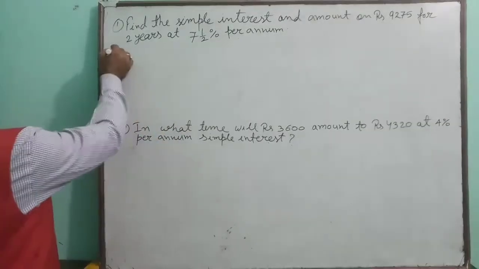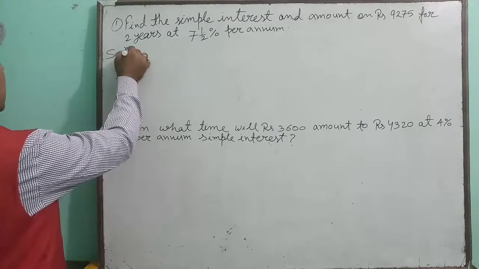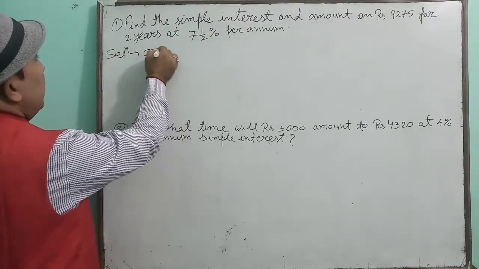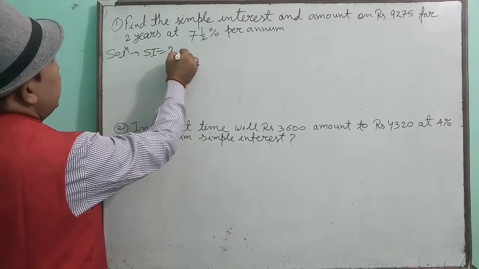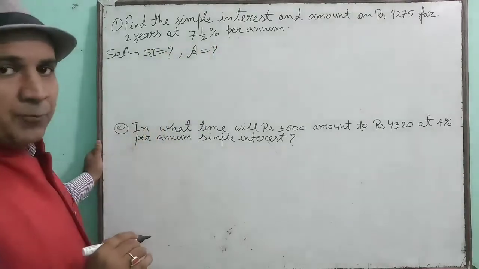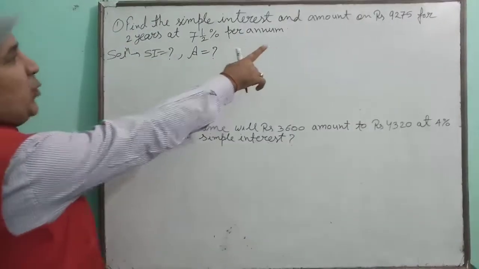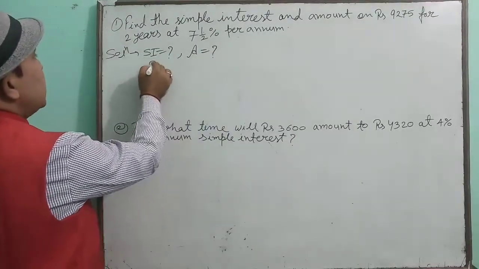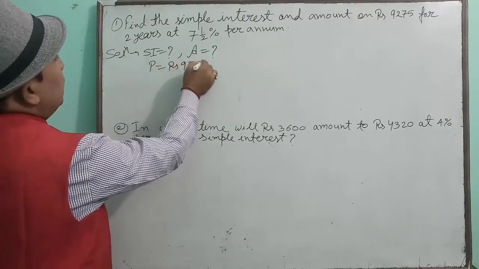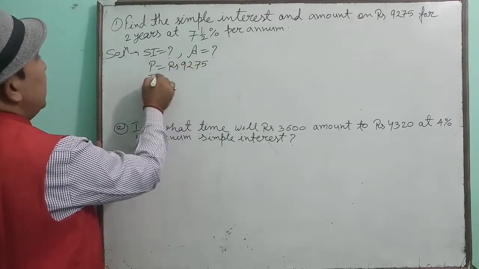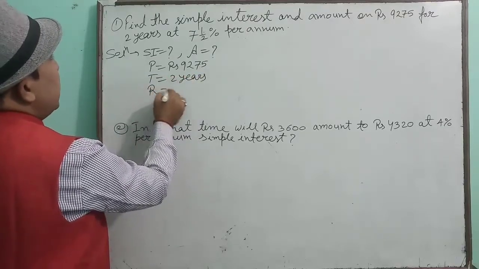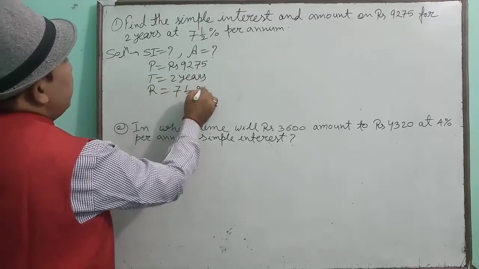See children, how to solve this question. By reading this statement you can see that we have to find simple interest and amount. These two things we have to find. The given points are principal amount is rupees 9,275, time is 2 years and rate is 7.5%.